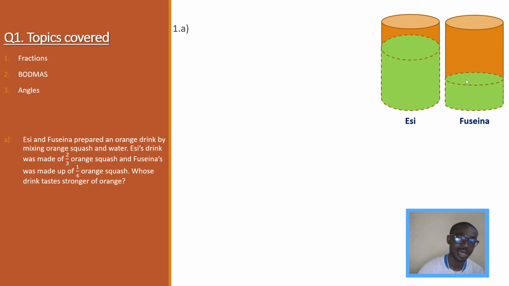But before adding the water, Essie poured 2 out of 3 or 2/3 orange squash into this particular can, and then Fusena also poured 1/4 orange squash. So we can just take our data from the word problem that they have given us.